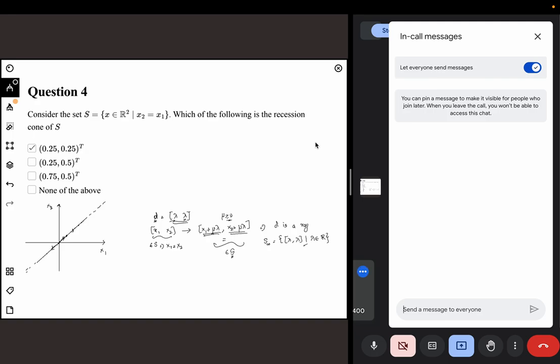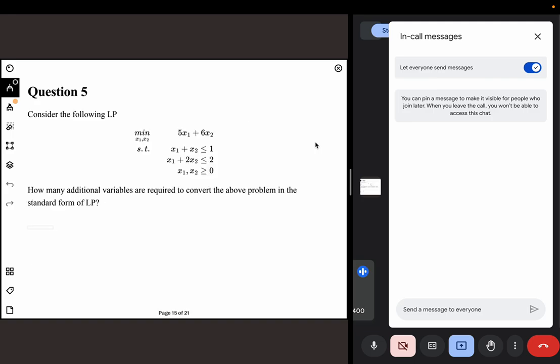So this satisfies both to be equal, and the remaining do not satisfy. Are there any questions, or is it clear? No questions. Okay.